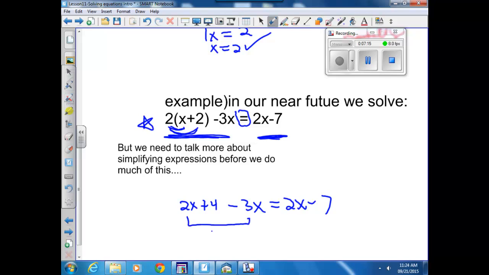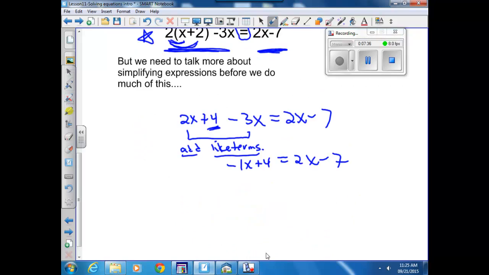Combine like terms, via adding like terms, so you can even say add like terms. So 2x plus negative 3x, or 2x minus 3x, is negative 1x. And then you have your 4, and then you have your 2x minus 7. When you arrive there, this is something we haven't done a lot with yet, but it's coming.